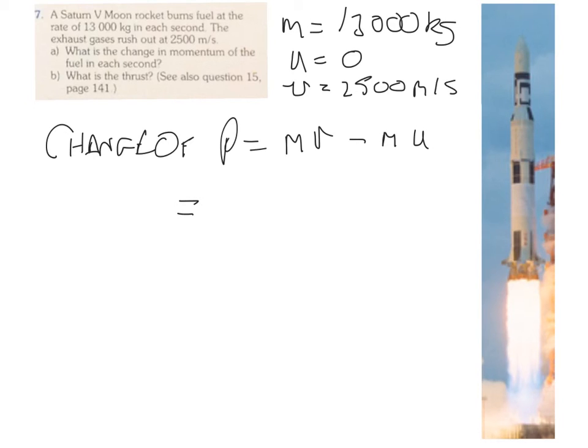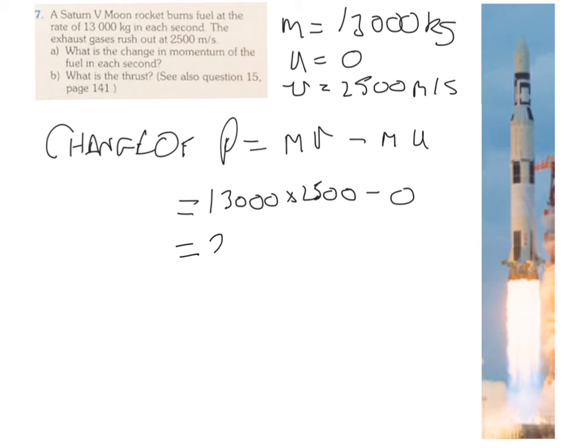And so we can find our change of momentum by multiplying our 13,000 by 2,500 and taking off the original momentum, which was nothing. So this 13,000 times 2,500 is our change of momentum.